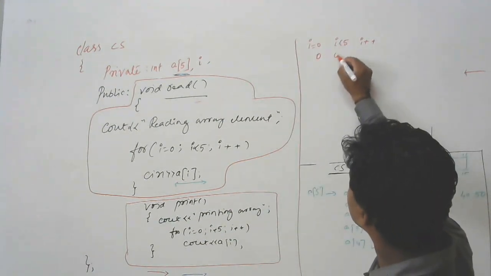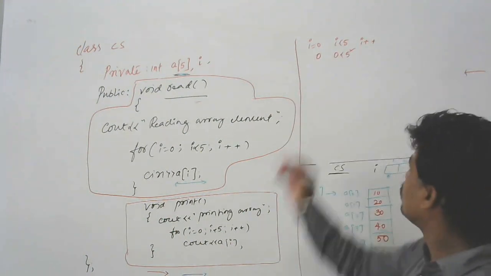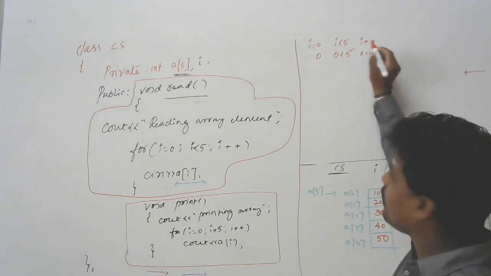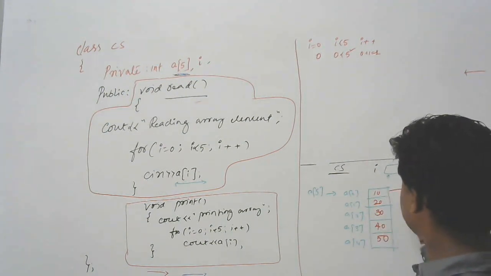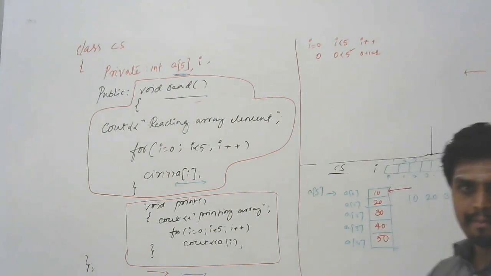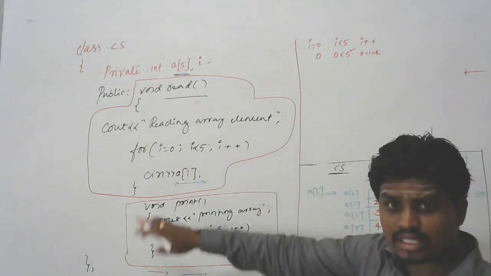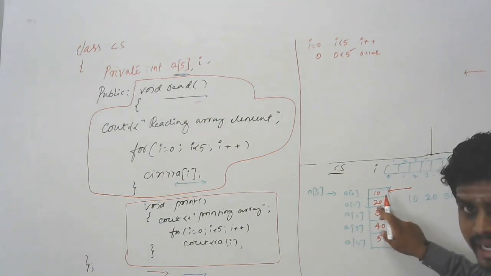I value is 0, 0 is lesser than 5, condition is true. So I plus plus, 0 plus 1, the value of I will change to 1 when it reads the first memory block. Now the compiler has read this. Then the compiler will not jump to another block, still more blocks are there to read.